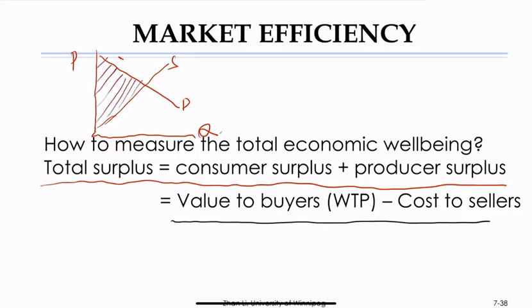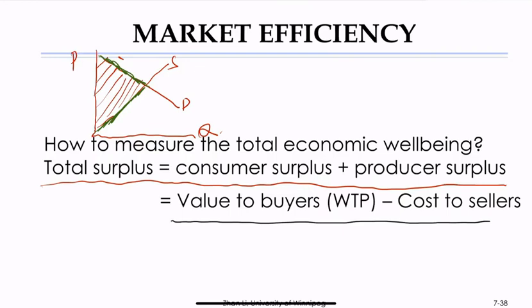Why? Because it is calculated by the difference between willingness to pay, that is this line, and the cost to sellers, that is this line. So you can see that the area between the demand curve and the supply curve gives you the total surplus, right?